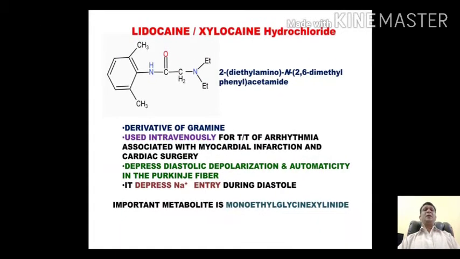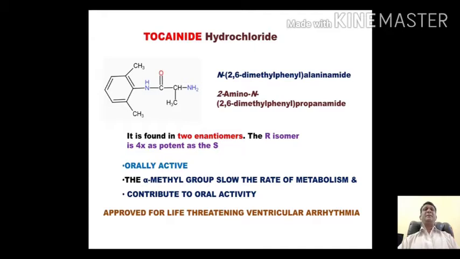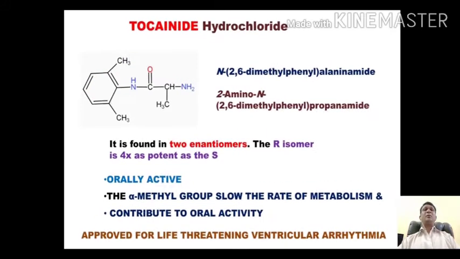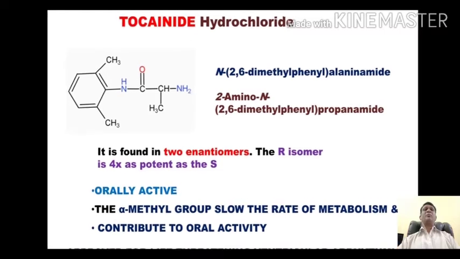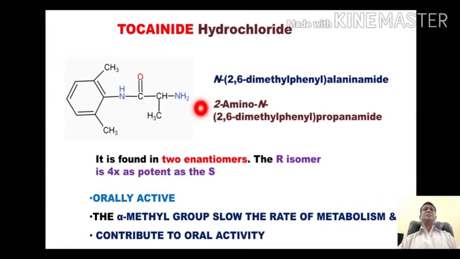So dear students, those are the important facts about the drug lidocaine. The next drug is Tocainide, which is available as its hydrochloride salt form. Here you can easily distinguish the structure from lidocaine. If we insert a methyl group at this alpha carbon in lidocaine, it will give us the formation of tocainide.